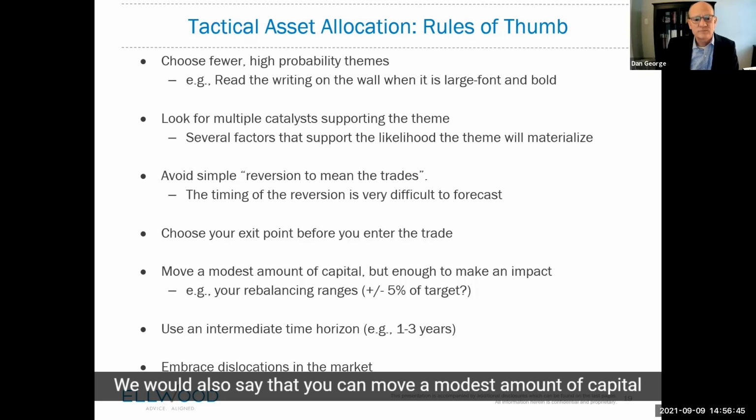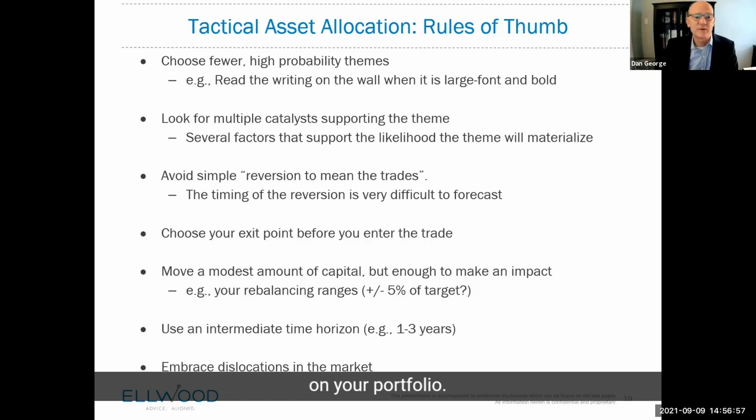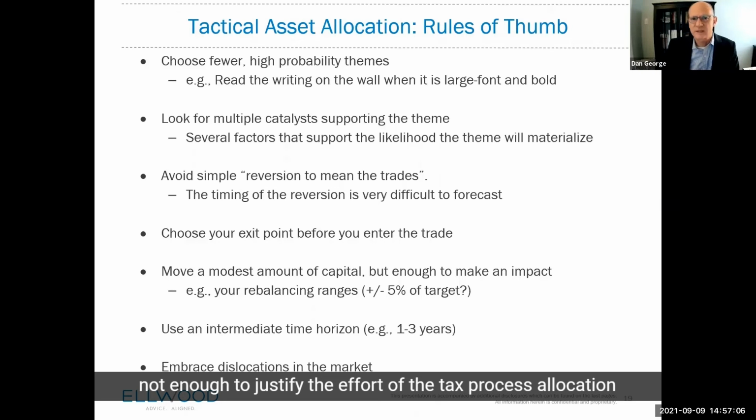We would also say that you can move a modest amount of capital to make some extra return through these tactical asset allocation shifts, but you want to move enough so that you have an impact in your portfolio. A 5 basis point impact to your total portfolio is probably not enough to justify the effort of the tactical asset allocation shift, but perhaps a 20 to 25 basis point total portfolio return would be enough.